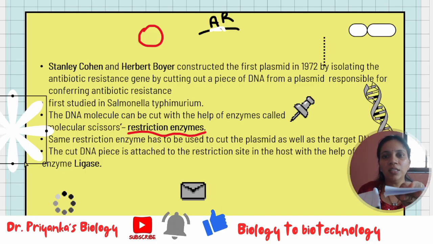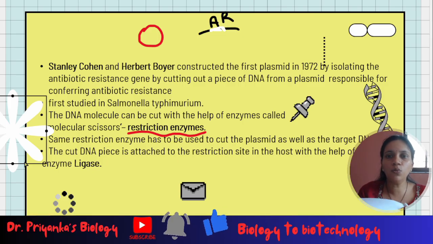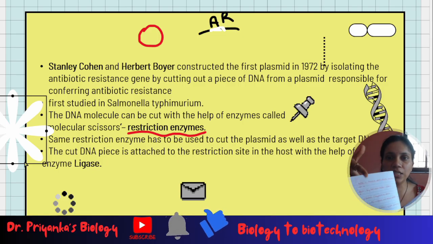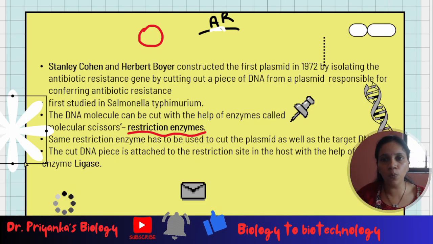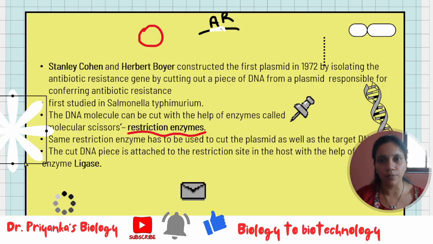There is a difference in the thickness, right? So we will have to use a bigger, thicker, sharper scissor to cut the book rather than the paper. Paper can be cut with a small scissor.